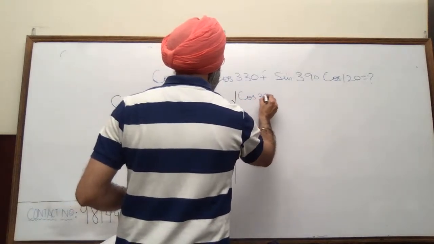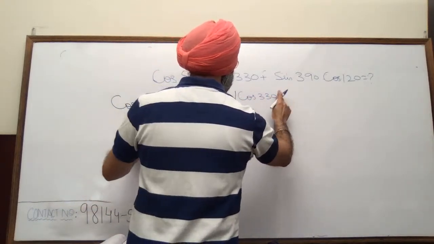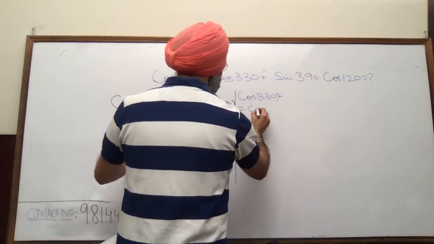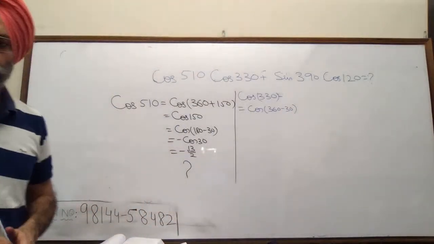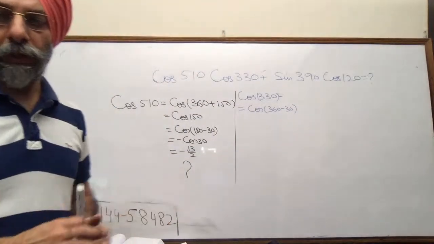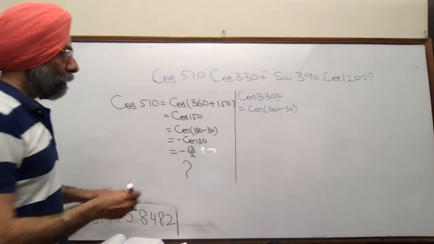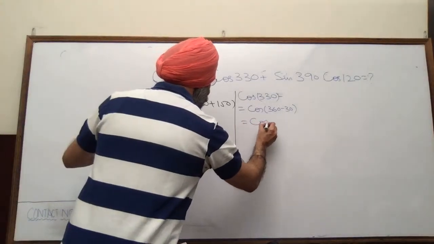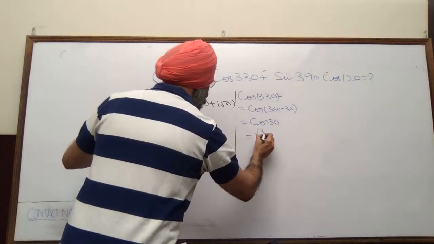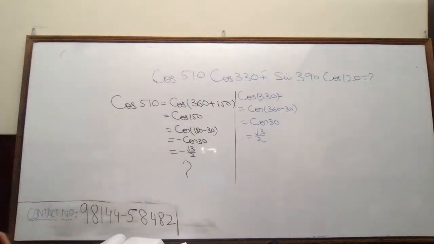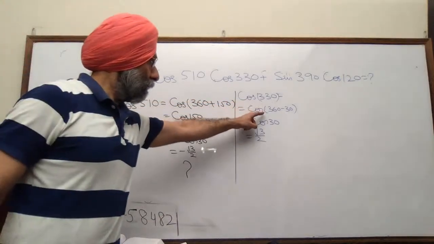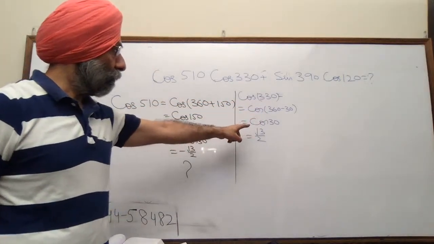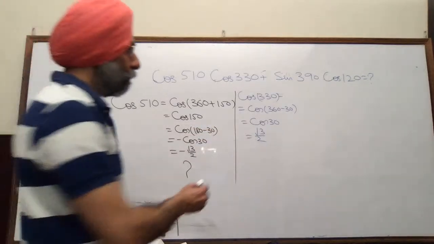Cos of 330 degrees is equal to cos of 360 minus 30, which is cos 30, which is root 3 by 2.